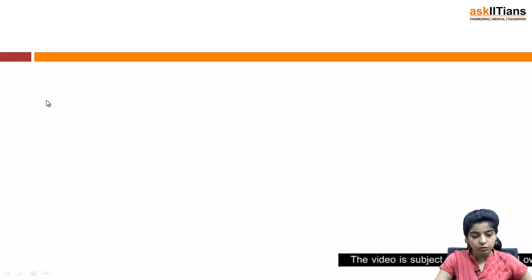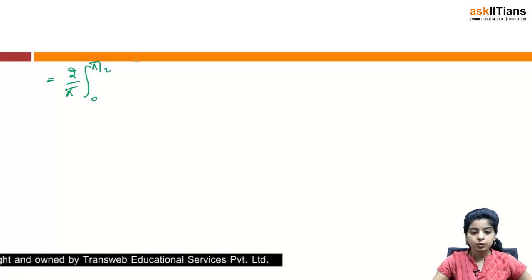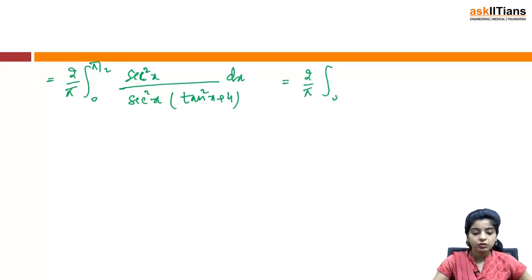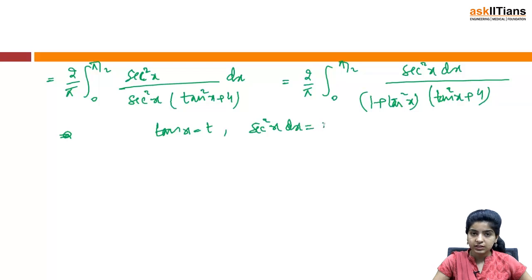And this will be equal to 2 by pi, integral 0 to pi by 2 sec square x by sec square x. I am multiplying and dividing by sec square x. So I have sec square x by sec square x (tan square x plus 4) dx, which is 2 by pi, integral 0 to pi by 2 sec square x dx, where sec square x can be written as 1 plus tan square x, and then we have tan square x plus 4. Now to solve this we can just put tan x equal to t, so that sec square x dx is dt.